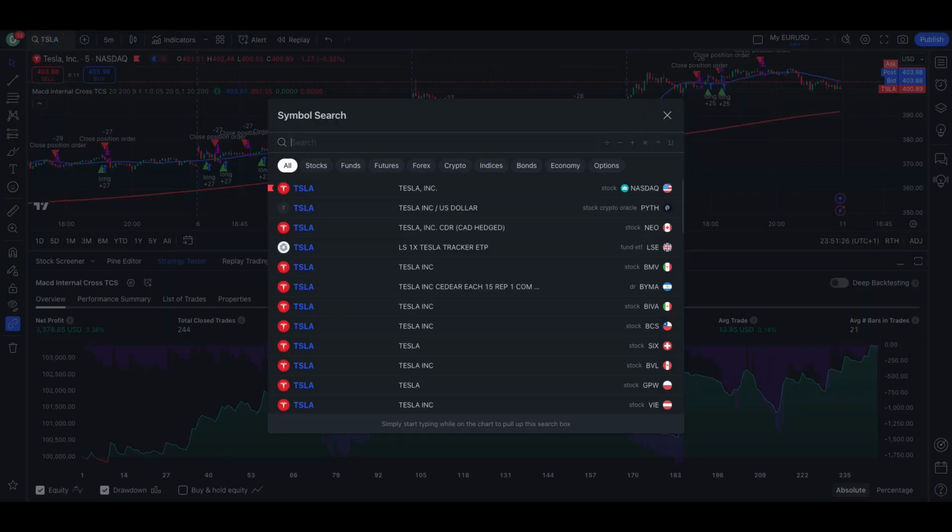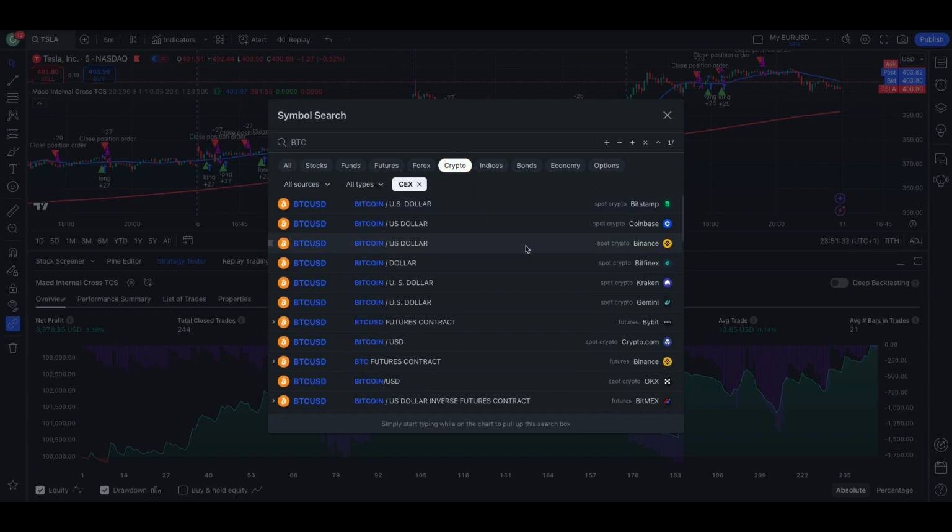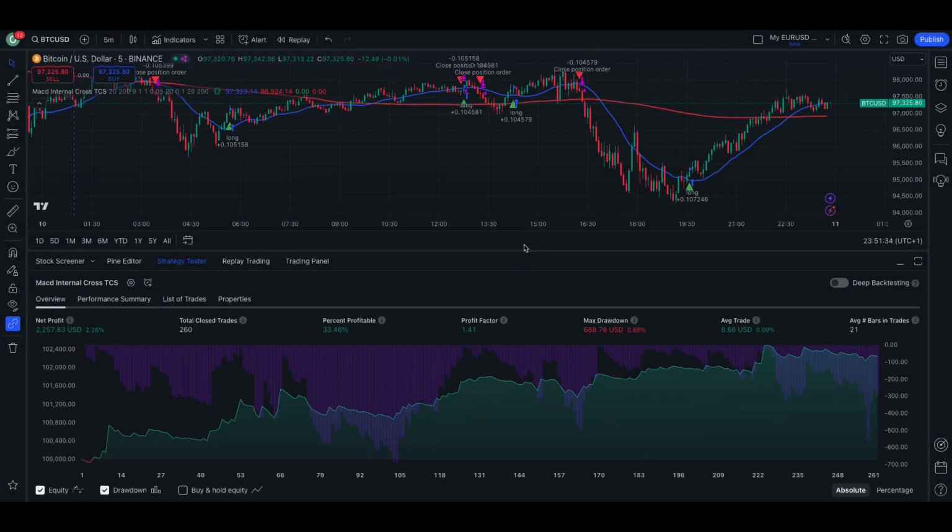Let's check another. Let's go for Bitcoin. Crypto, use the Binance one. Oh, look at this. 2.26 profit, max drawdown 0.68.